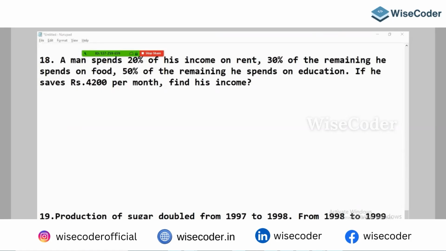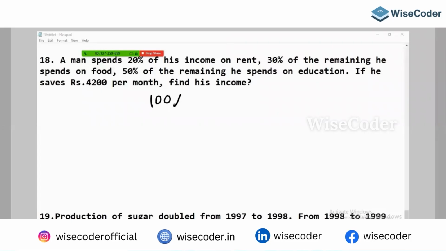If he saves 4,200 rupees per month, find his income. Look at here, friends. Please pause the video and try to solve it, then only see the solution.